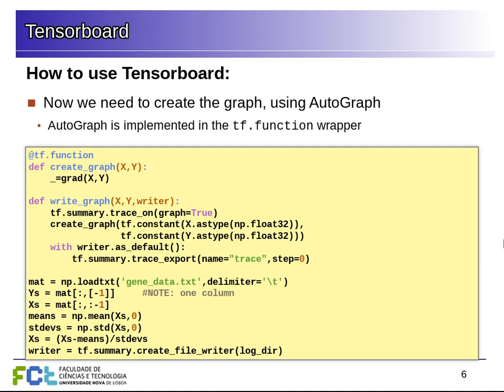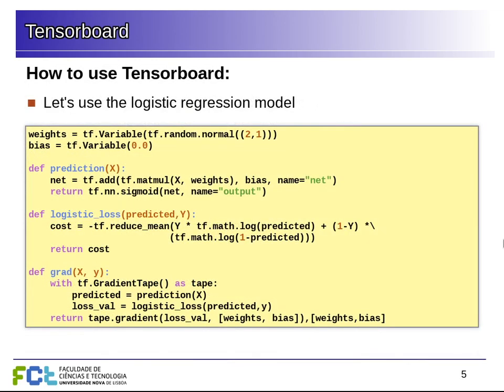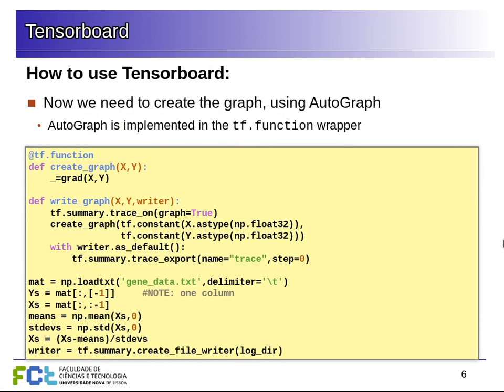So one thing we can do here is we call this grad function here, which does the whole computation. If we do this, we're going to trace through the complete computation, and we have both the prediction and then the logistic loss. Now, if we want to see that, we can do it in Tensorboard by creating this summary object here.